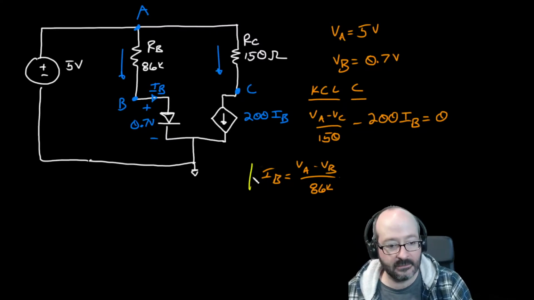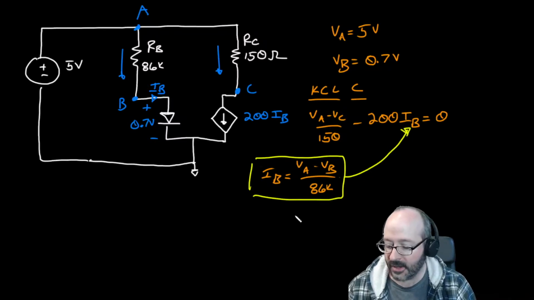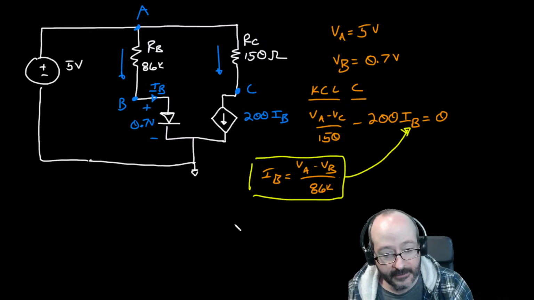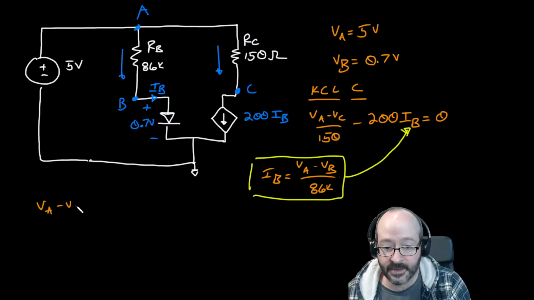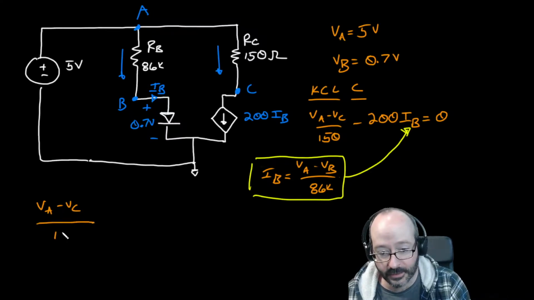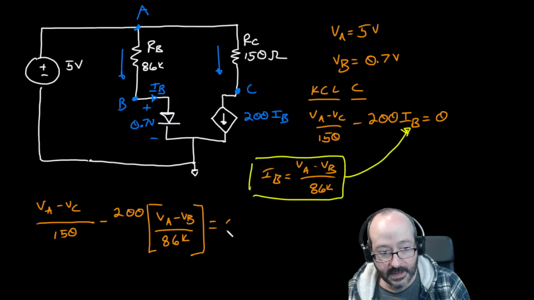So we take that and plug it in right there. And we get VA minus VC, excuse me, over 150 minus 200 times VA minus VB over 86K, and that's equal to 0.